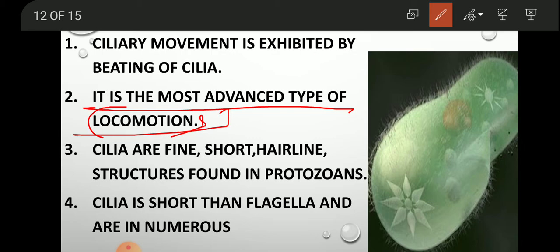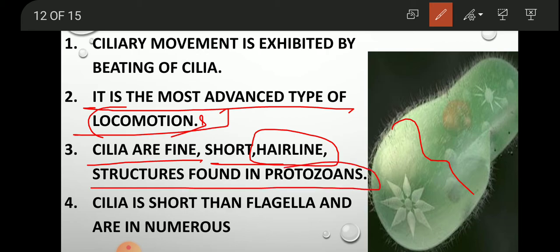The cilia are fine, short, hair-like structures found in protozoans, shorter than the flagella, and they are microscopic. We can't see them. The cilia are shorter than the flagella and are numerous.